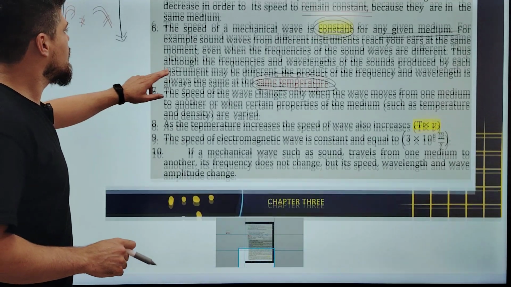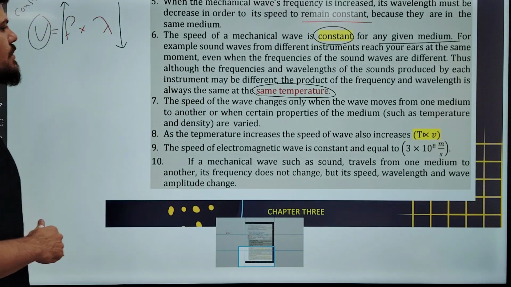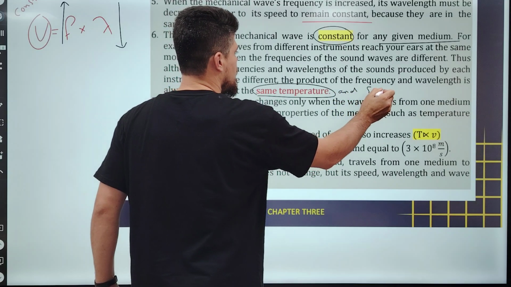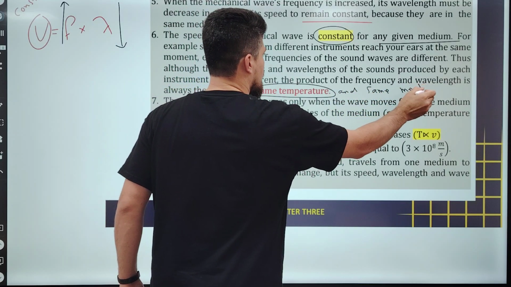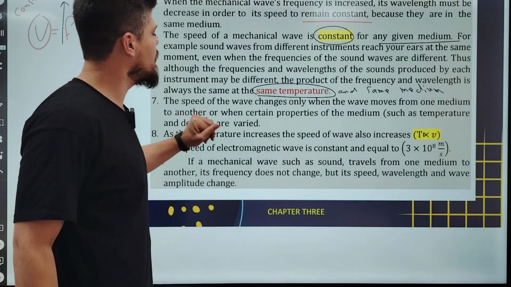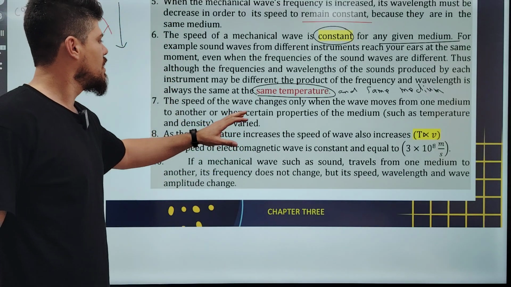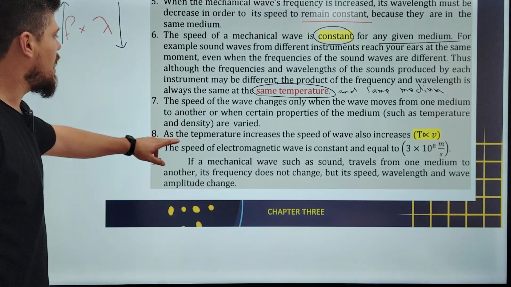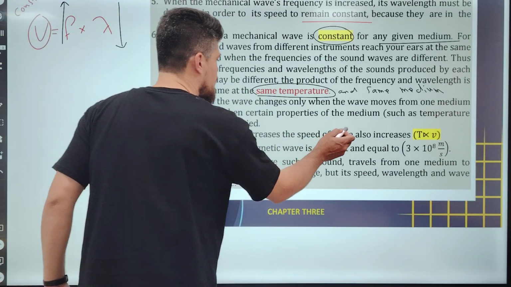The speed of the wave depends on certain properties of the medium, at the same temperature and the same medium. The speed of the wave changes only when the wave moves from one medium to another, or when certain properties such as temperature and density vary. As the temperature increases, what happens to the speed?